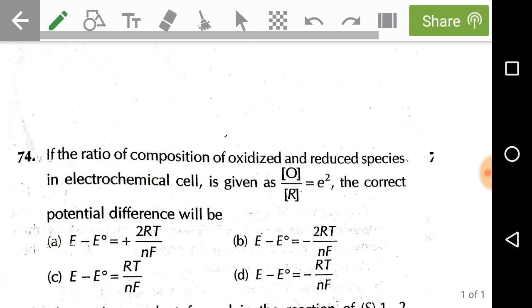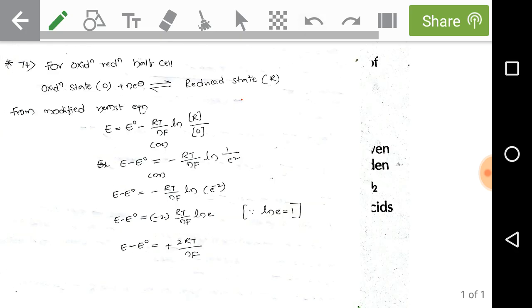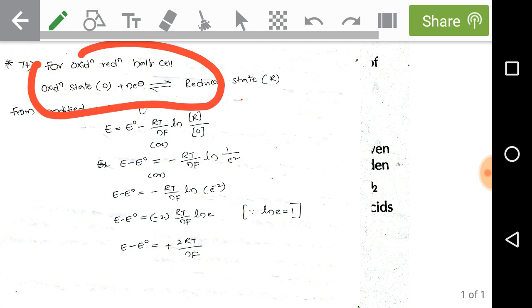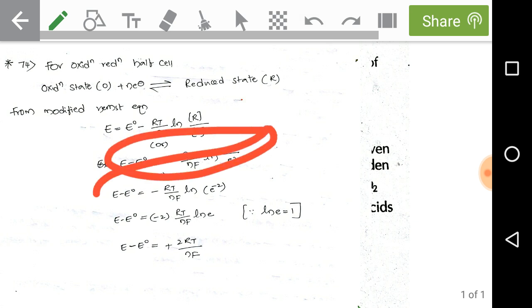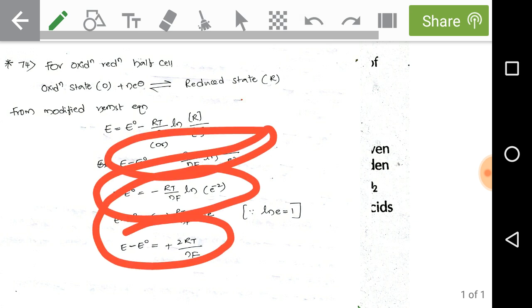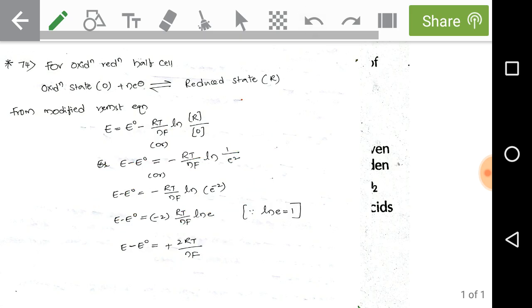Now, 74th question: for an oxidation reduction half cell, oxidation state plus n moles of electrons is in equilibrium with reduced state, that is R. From the modified Nernst equation, E is equal to E0 minus RT by NF ln R by O. Or we can express this modified Nernst equation as E minus E0 plus 2RT by NF, where ln E equals 1.